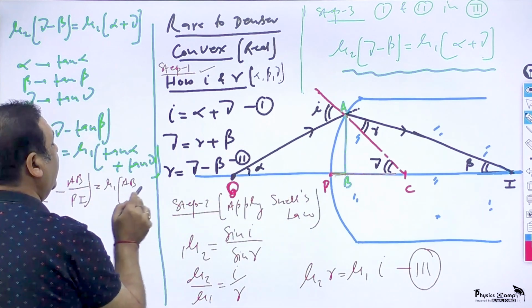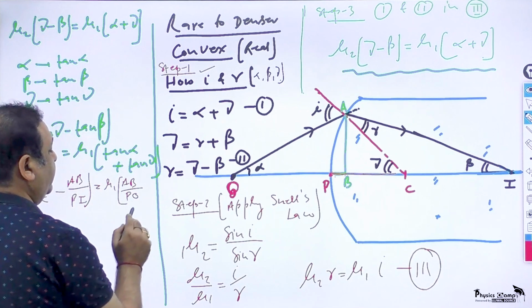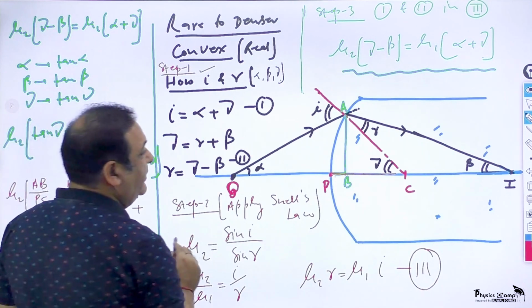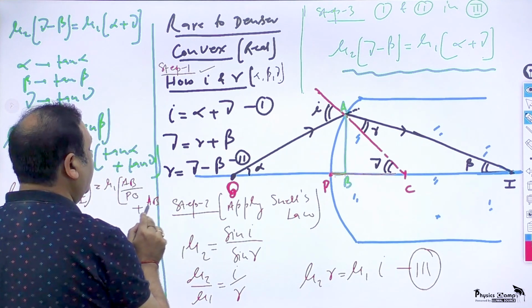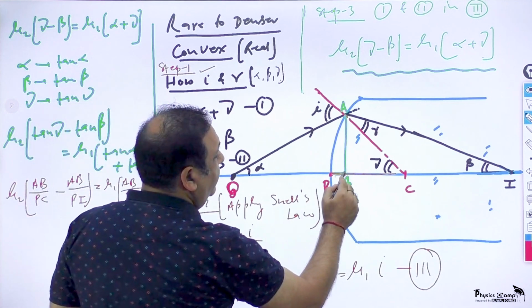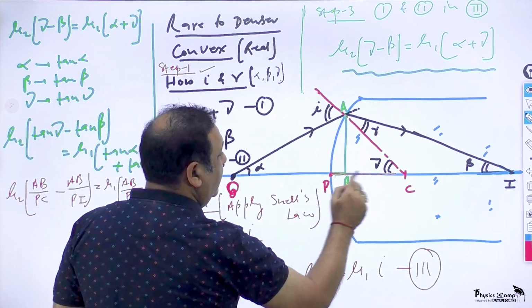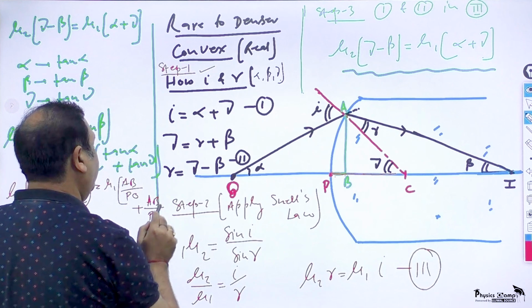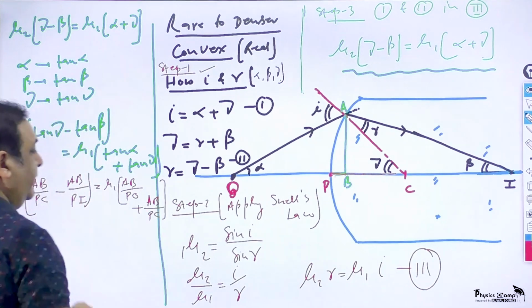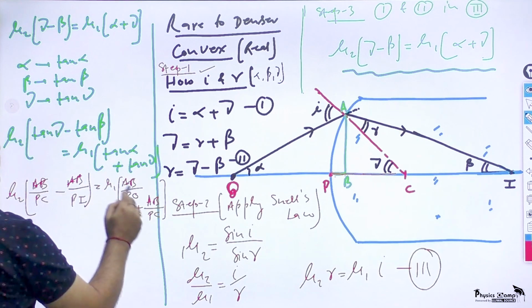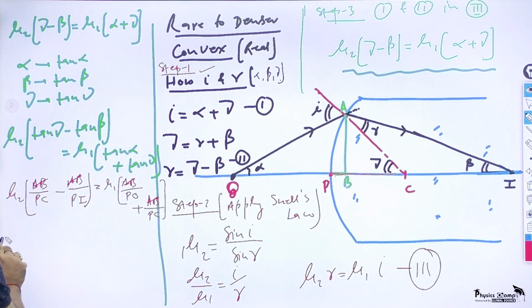So AB by PO. And tangent gamma is again AB by, instead of BC we call it PC. AB gets cancelled everywhere. So you are left with mu2 into 1 by PC.